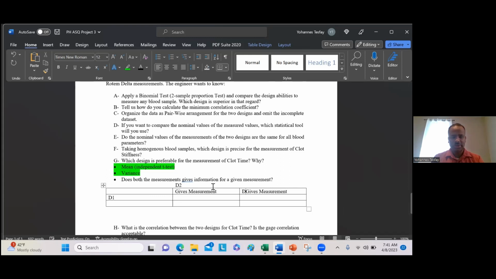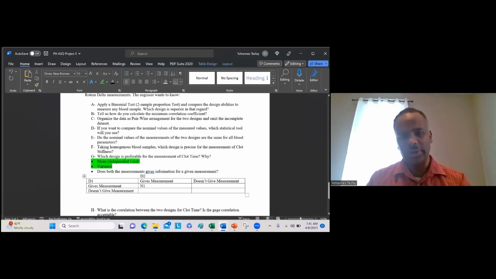Doesn't give measurement. Similarly, this is the complement: gives measurement and doesn't give measurement. This is N1, and this is total N minus N1.